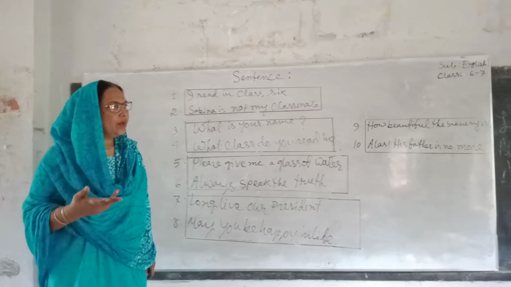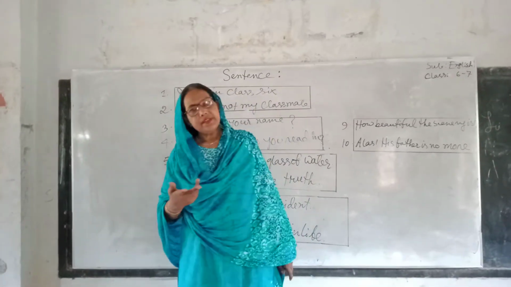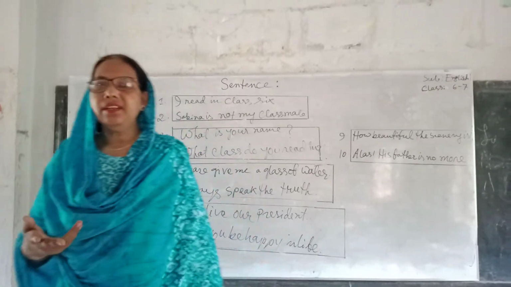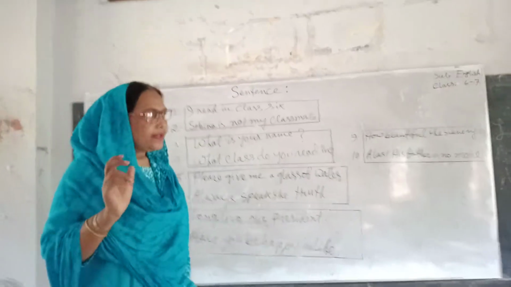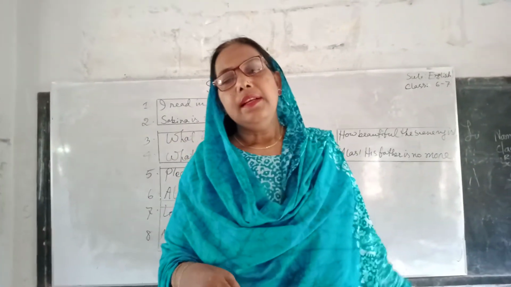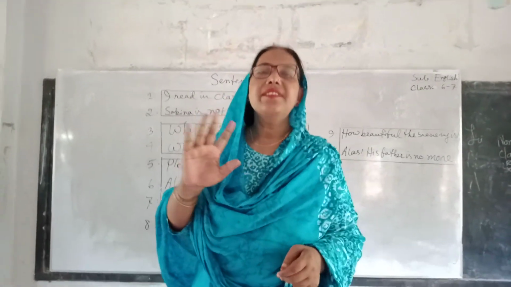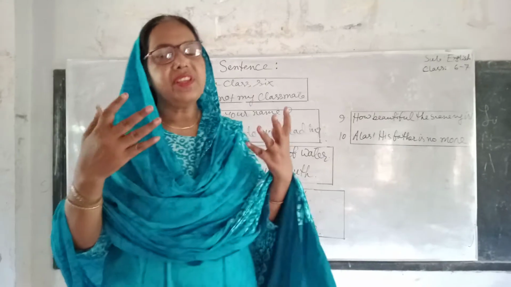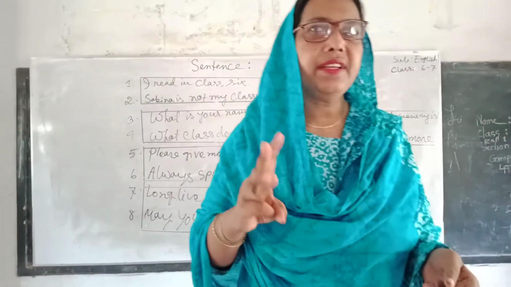Dear student, do you know how many kinds of sentences there are? Okay, I'd like to help you. Generally, according to their meaning there are 5 kinds of sentences, and according to the structure there are 3 kinds of sentences.